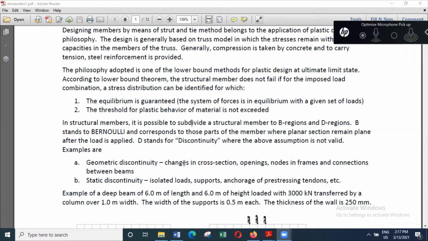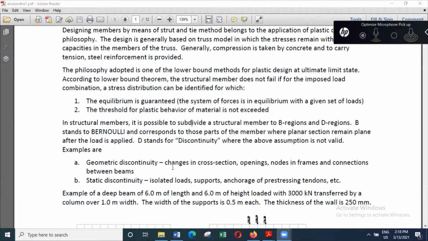The places where this assumption is not valid are geometric discontinuities, like the connection between two beams, where one beam supports the other beam. The static discontinuity is the places where you apply highly concentrated loads onto the structure, and also at the supports, you will get what you call a D-region.